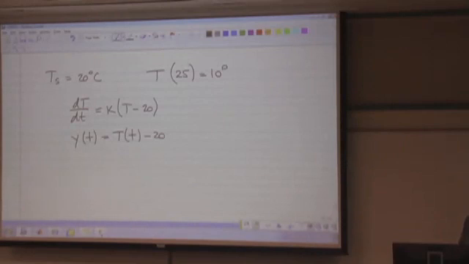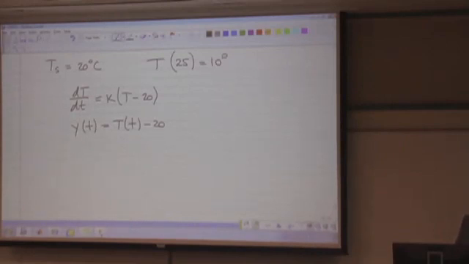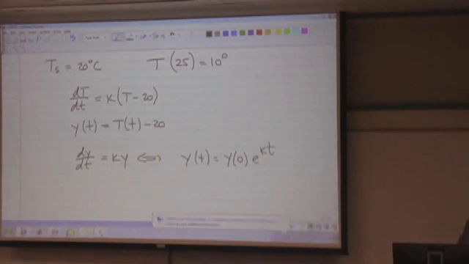Okay, so how do we set this up? Well, clearly, if y of t is equal to T of t minus 20, then our differential equation is just dy over dt equals k times y, right? The solution of this differential equation is y of t equals y of 0 times e to the kt, right?